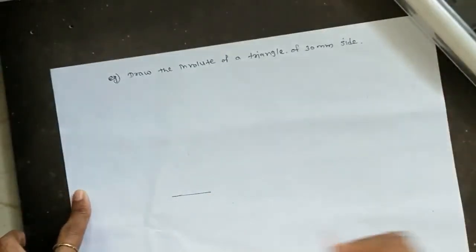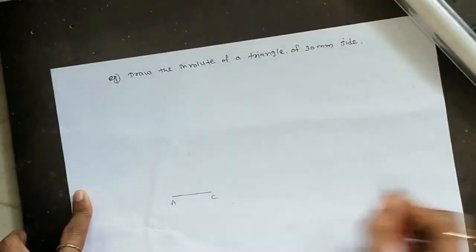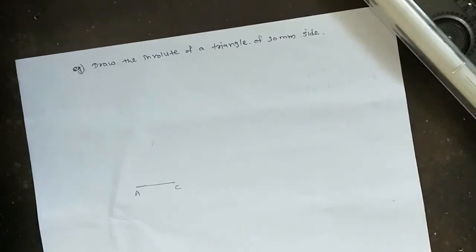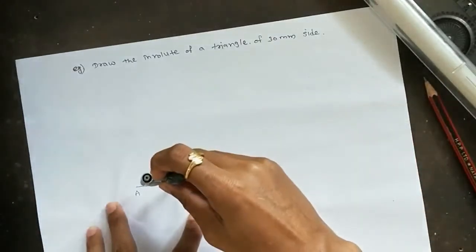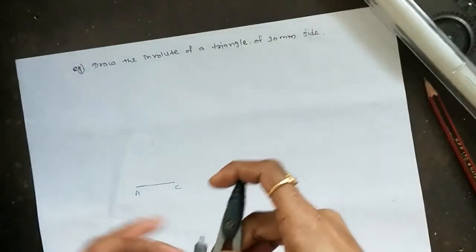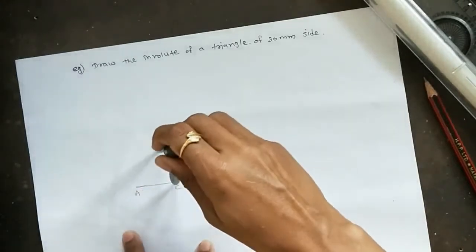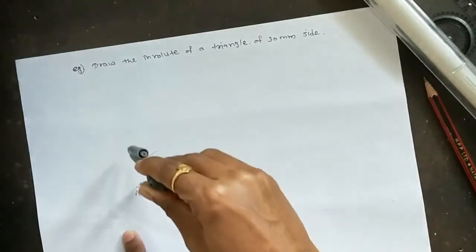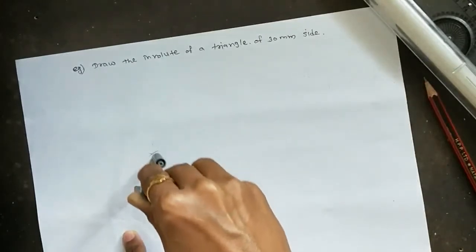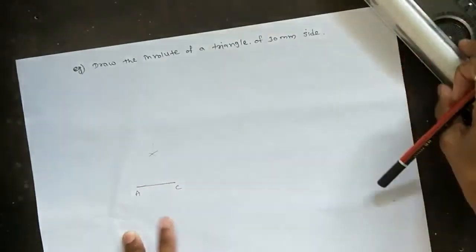Then give name to this point as point A and this point as point C. Then take a distance of 30 mm in compass and draw an arc, which is the third point.